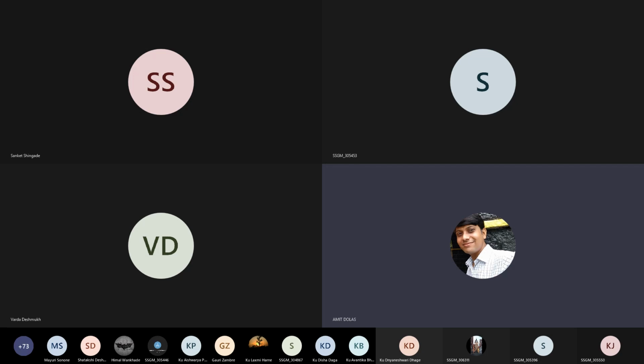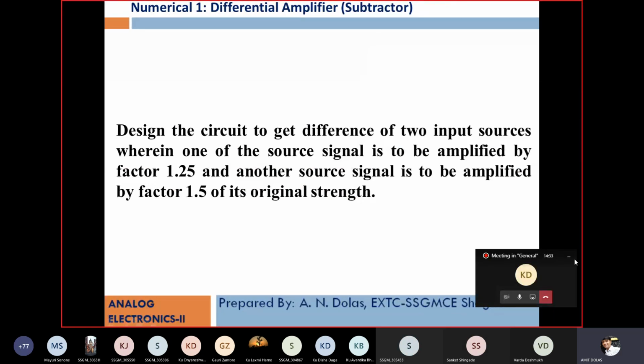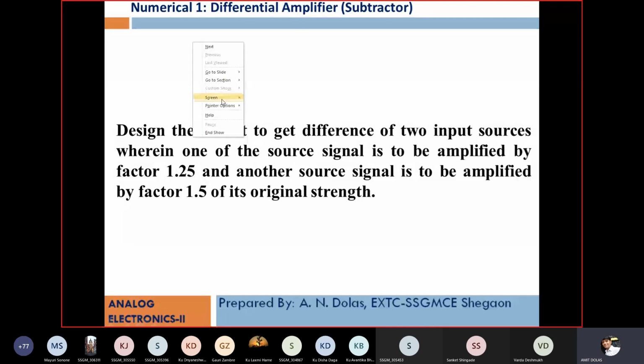So I'll share my screen. Is the screen visible? There is one PPT. Numerical one, very simple numerical based on differential amplifier, that is nothing but subtractor.